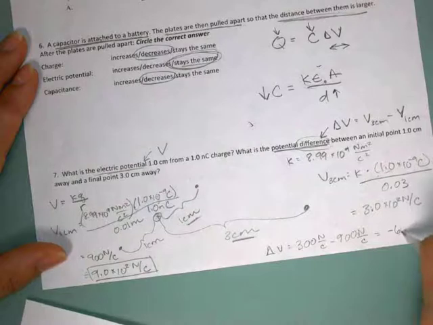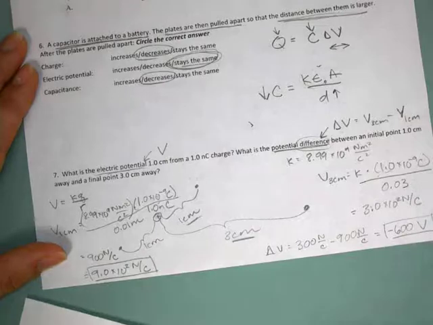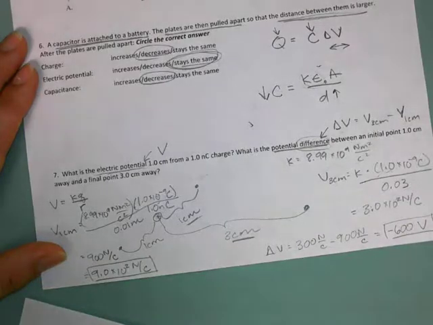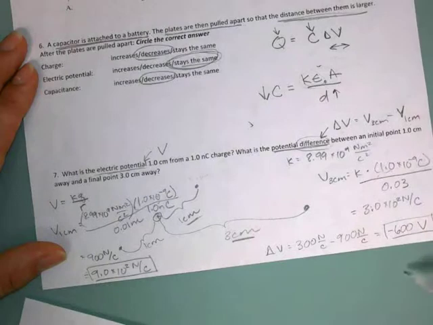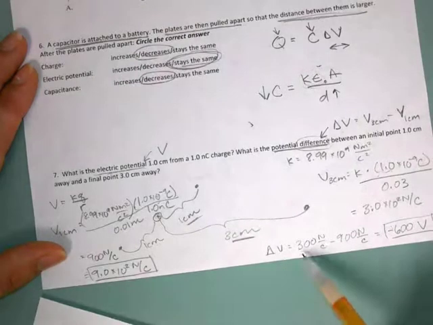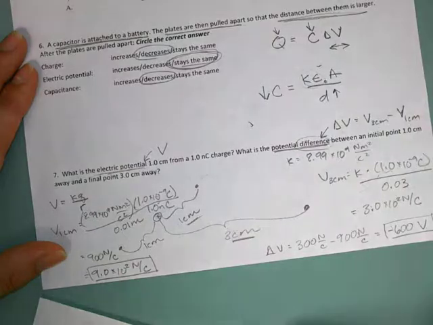And that is negative 600. And I'll go ahead and write that as a volt. 1 volt is 1 newton per coulomb, so either of those units would be just fine. That is the definition of a volt, that 1 volt is 1 newton per coulomb. The negative here is important because we're going final minus initial, but otherwise that's how that would work.